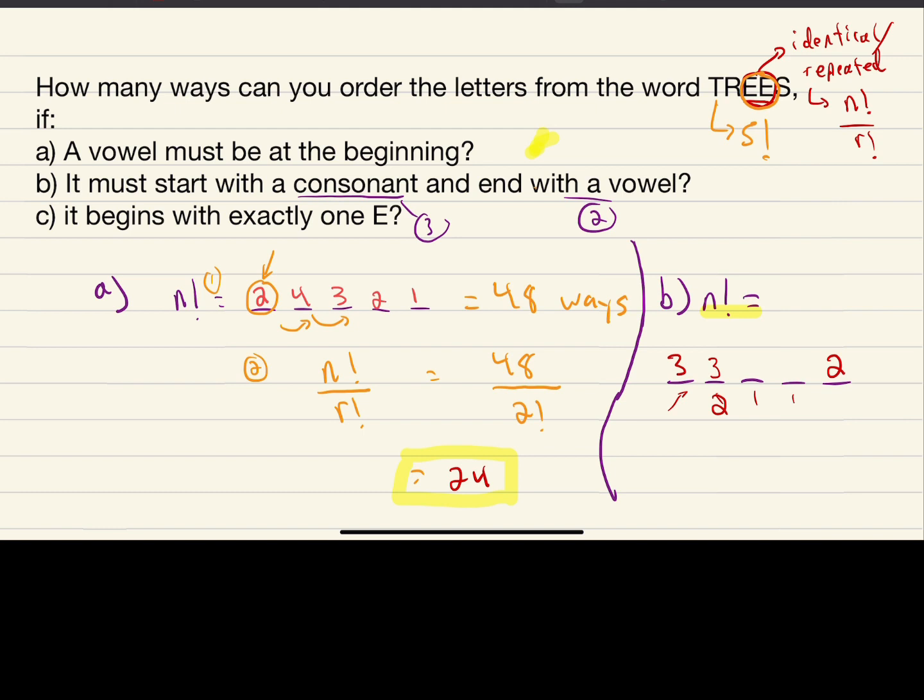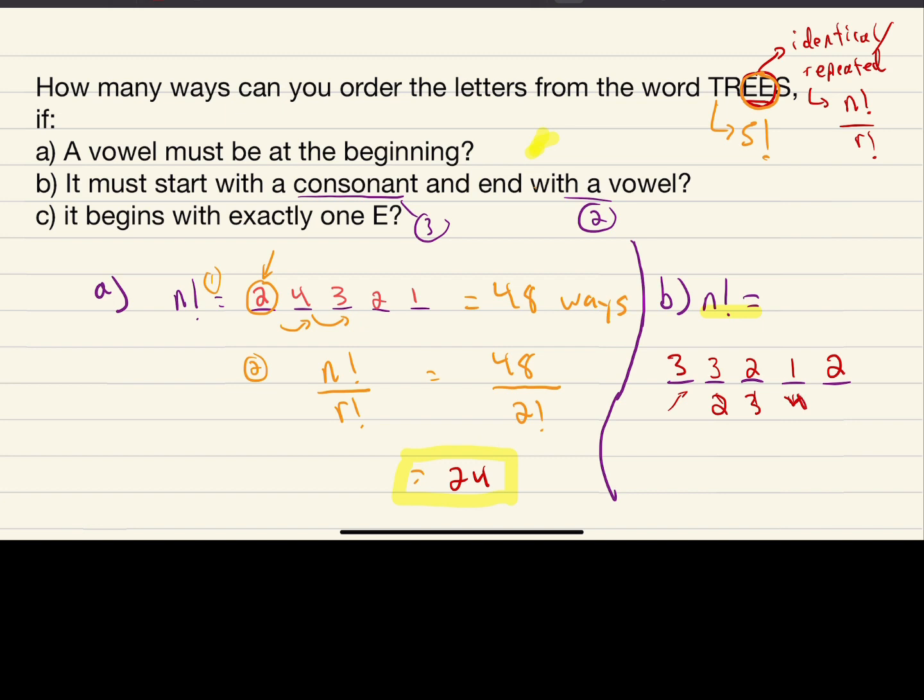Once that 1 consonant, let's say, is done, we have a consonant and a vowel left, so that'll be 2 over here. And for the 4th object, there's only 1 vowel left since all of our consonants would have been used up completely.